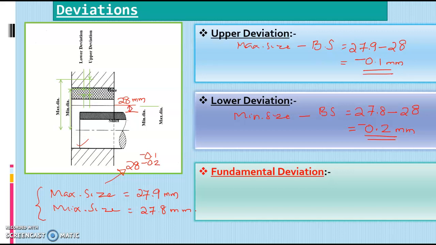This line represents the lower limit size of the shaft, and the difference with the basic size is the lower deviation. From this picture, this dimension is very close to the zero line, and this is at a far distance from the zero line. So we choose the upper deviation in this case as the fundamental deviation. The fundamental deviation here is minus 0.1 mm.